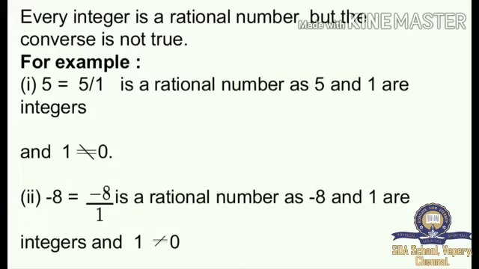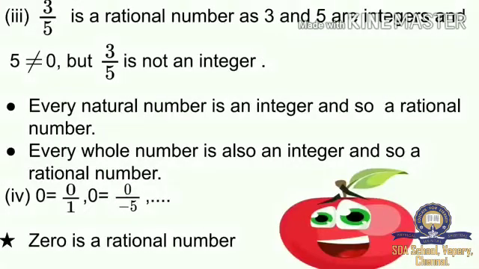Minus 8, if they give minus 8, the denominator value should always be 1. Okay, minus 8 divided by 1 is a rational number, as minus 8 and 1 are integers, and 1 is not equal to 0. And the third subdivision, 3 divided by 5 is a rational number, as 3 and 5 are integers, but 5 is not equal to 0.